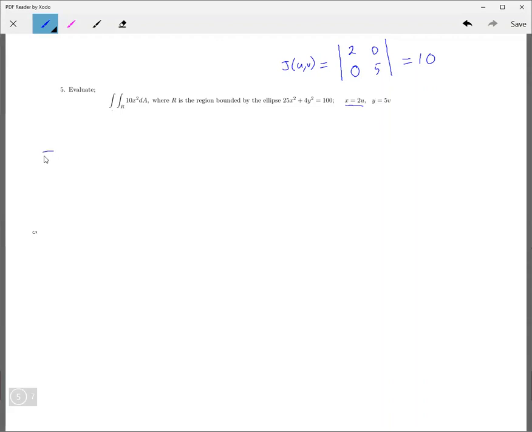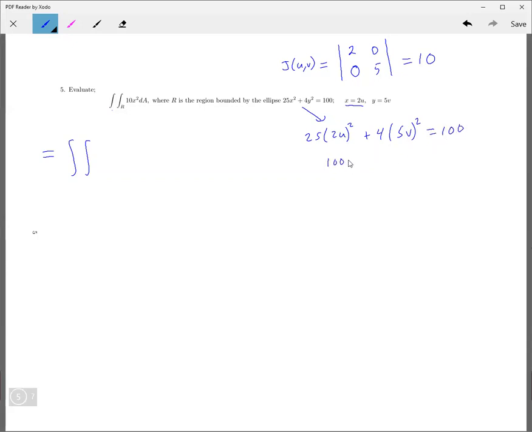Okay, so now we're ready to set the integral up. And let's see, we also have to figure out what happens to the region. Okay, so if we make x equal to 2u, then that's going to give us 25 times (2u) squared plus 4 times (5v) squared equals 100.